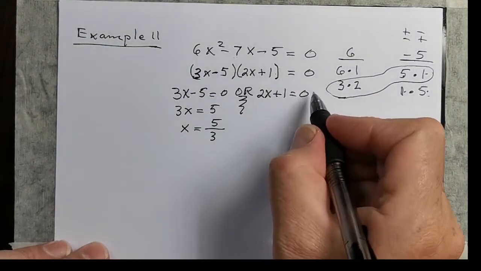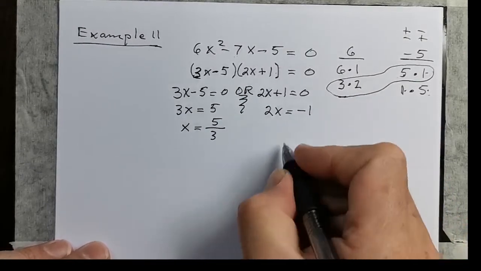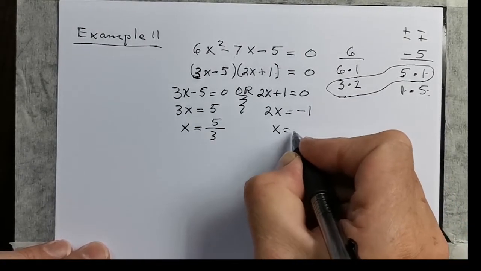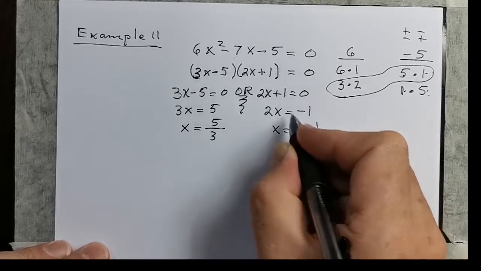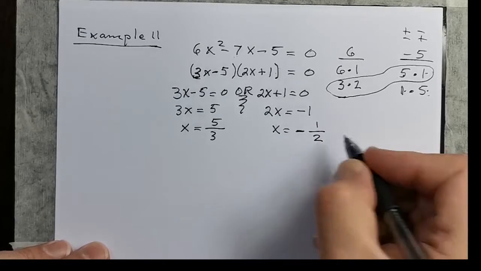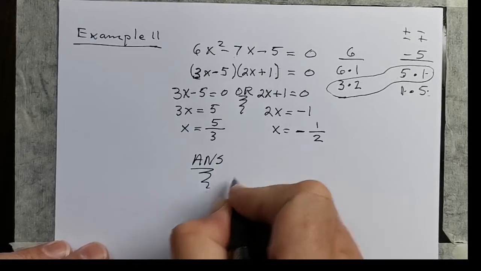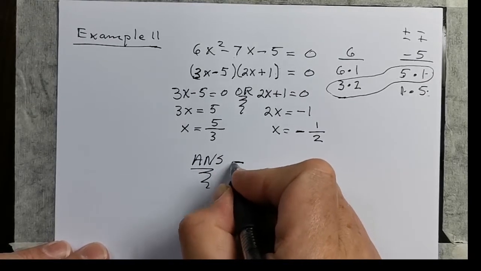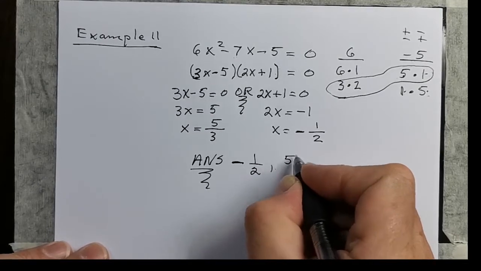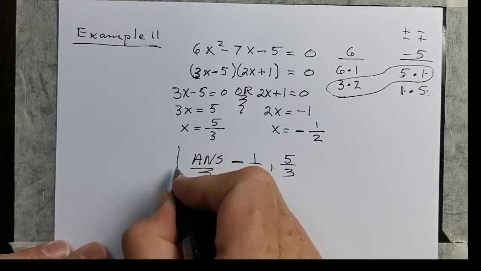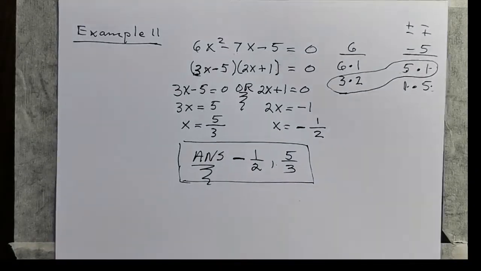In the second case, take the 1 over to the other side. 2x would be equal to negative 1, or x would be equal to negative 1 divided by 2. So my answers would be negative 1/2 or 5/3. It's example 11.